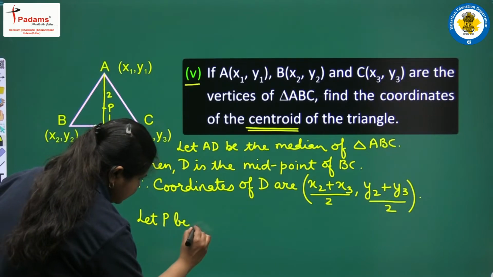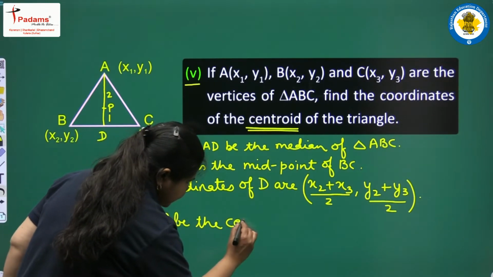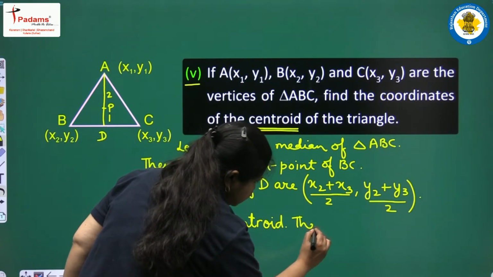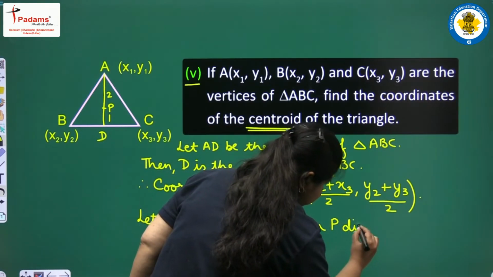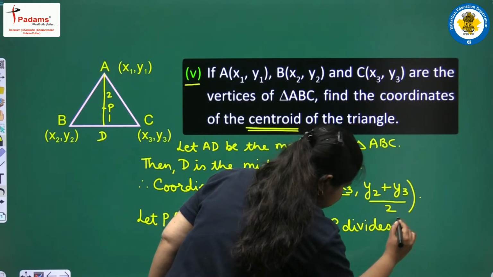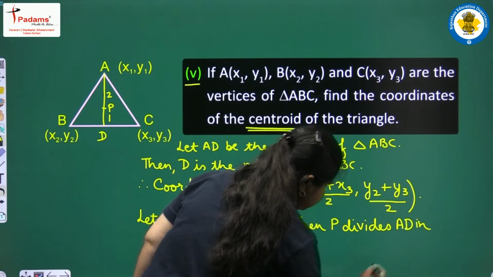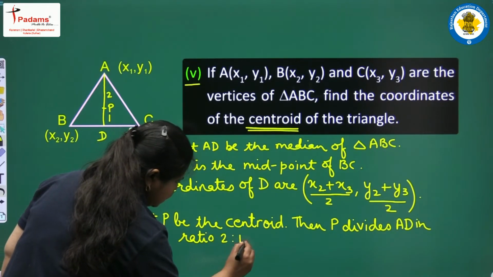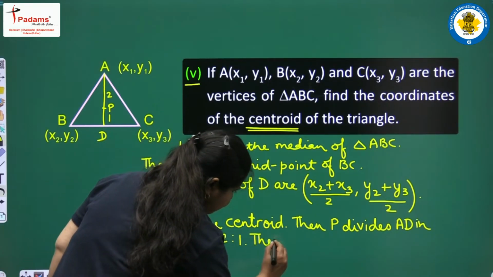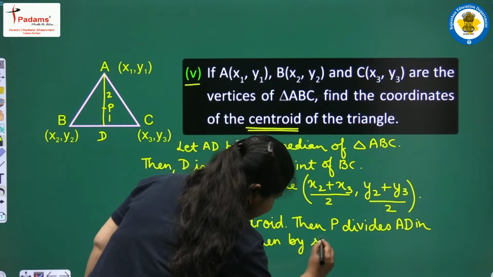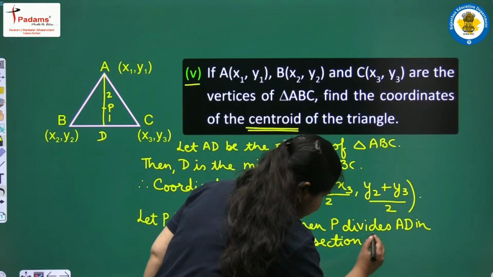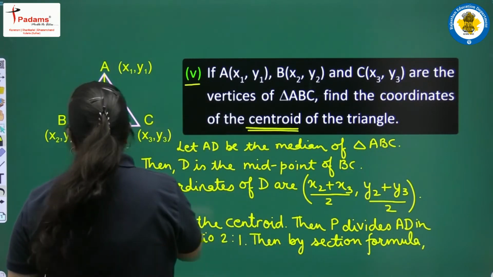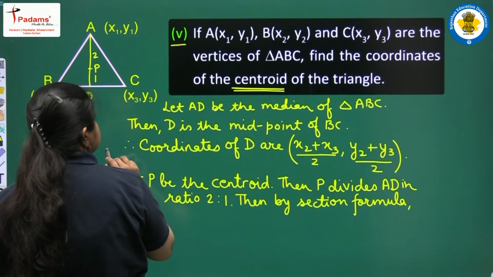Now the centroid P, let P be the centroid, then P divides AD in ratio 2:1, then by section formula coordinates of P we will find.